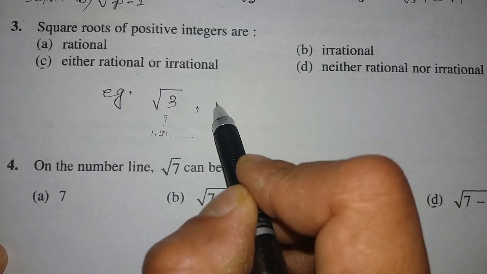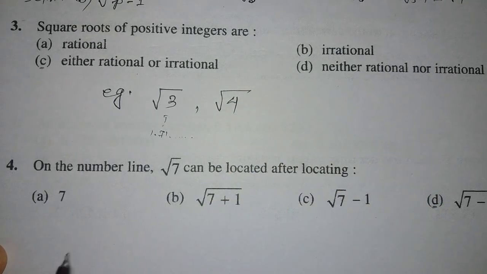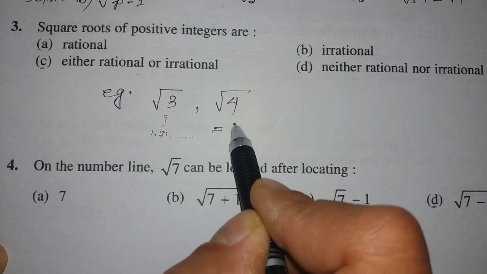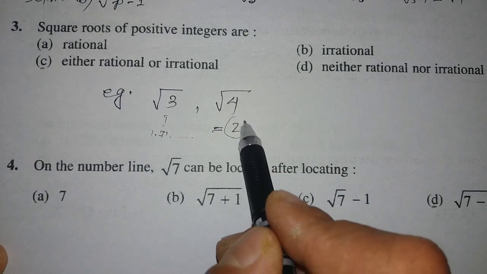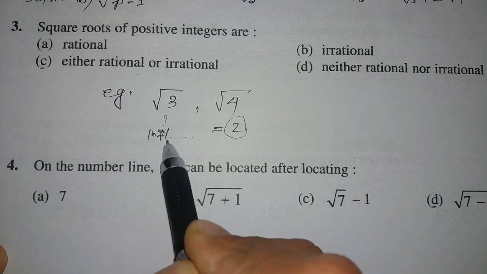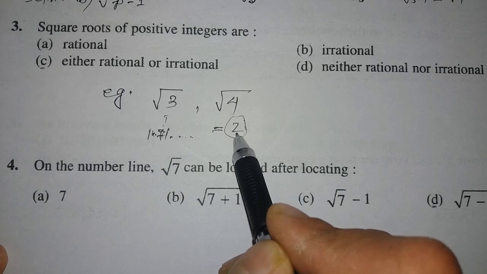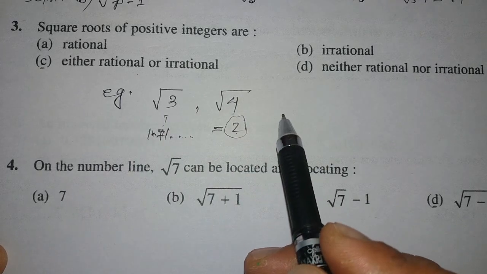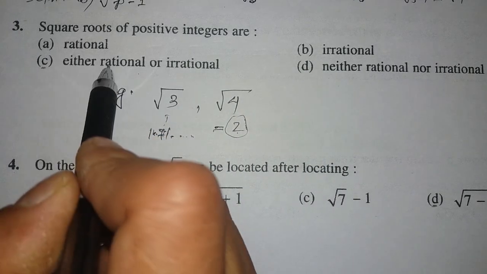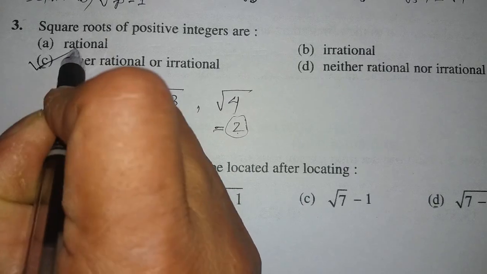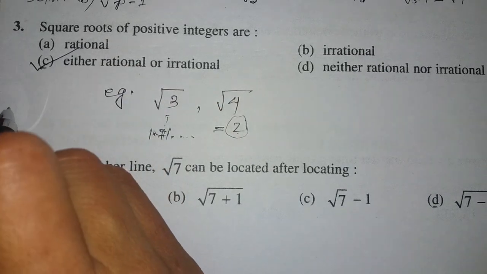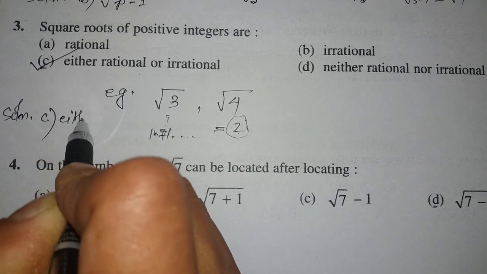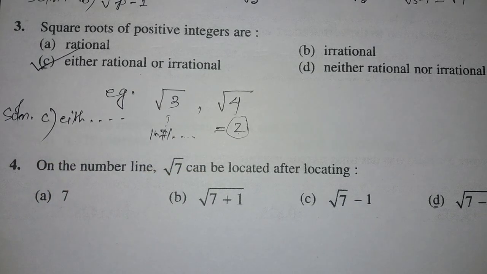Next we'll take an example of square root 4. This 4 is also a positive integer, but here square root 4 is 2, which is a rational number. So in this case it is irrational, in this case it is rational. So sometimes it is rational, sometimes irrational. So the answer is either rational or irrational. So this is our right answer. So C, either rational or irrational.